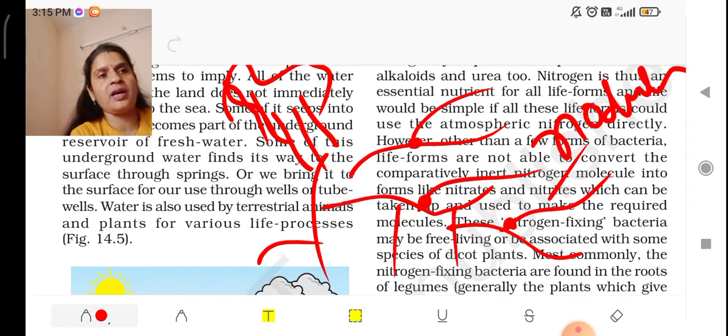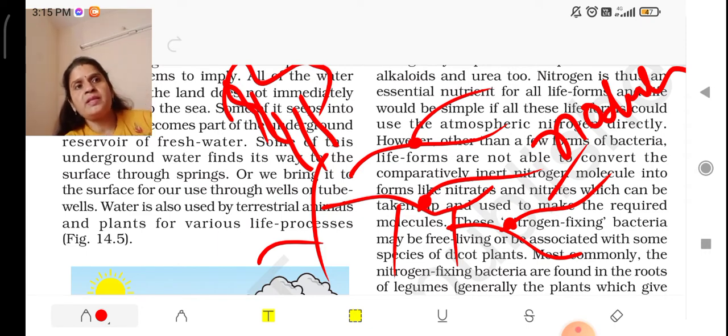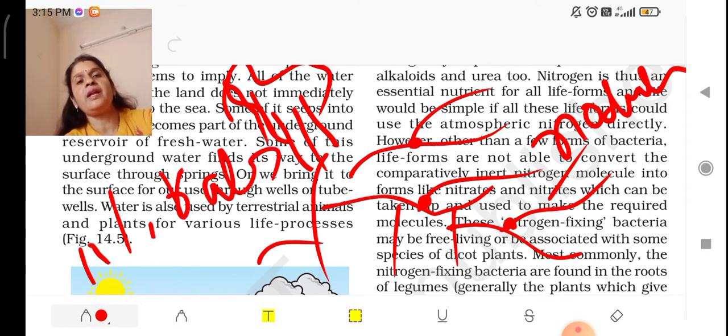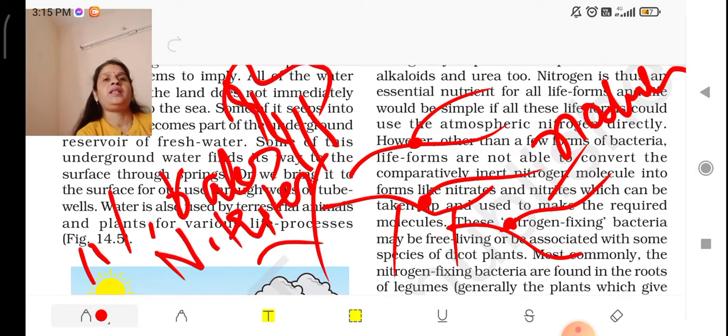Rhizobium bacteria are one example of that kind of bacteria. These bacteria can use free nitrogen from the atmosphere and convert it into nitrates and nitrites. Nitrate and nitrite are compounds of nitrogen. Then afterwards the plant can convert them into a usable form. When we bring rice seeds or wheat seeds, do we chew them directly?